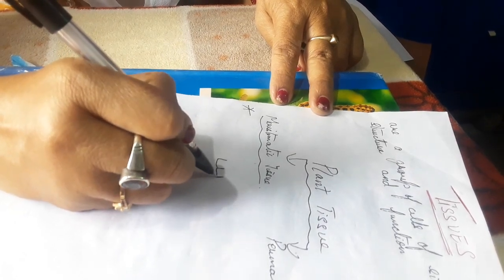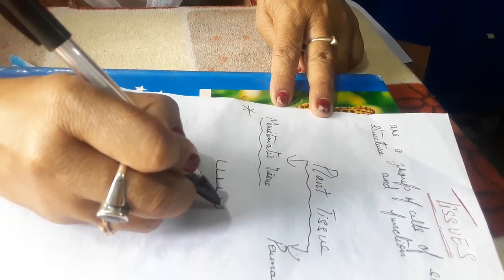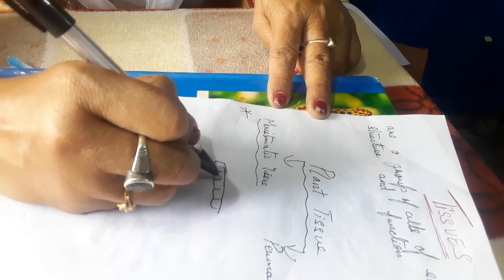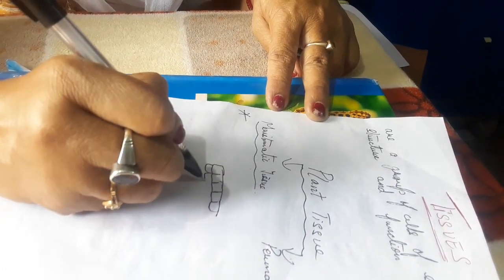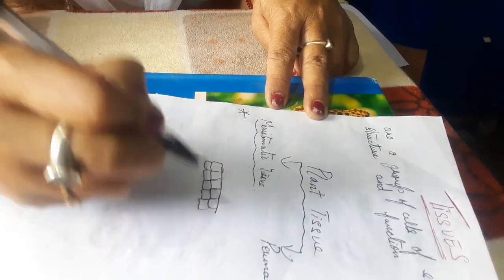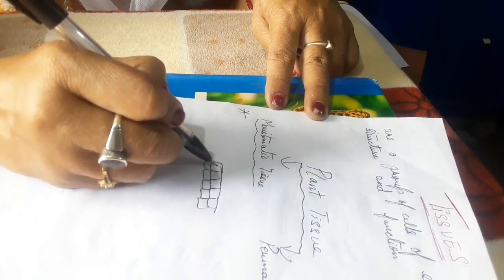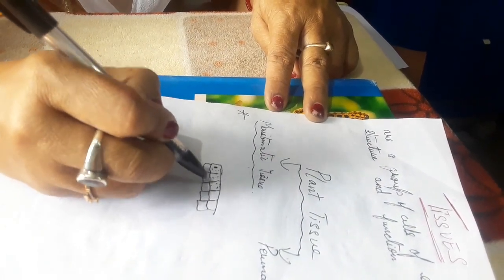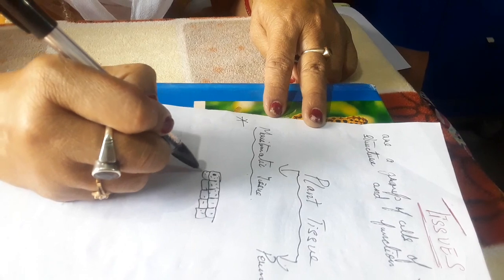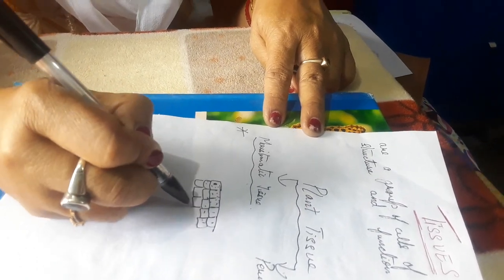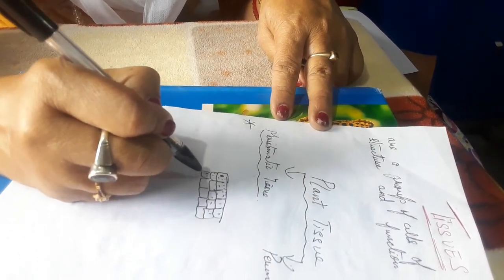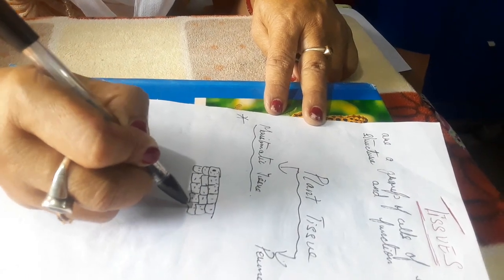They are cells which are closely packed without any intercellular spaces, with a prominent nucleus and cytoplasm. These meristematic tissues are usually found at the growing regions in the plant.